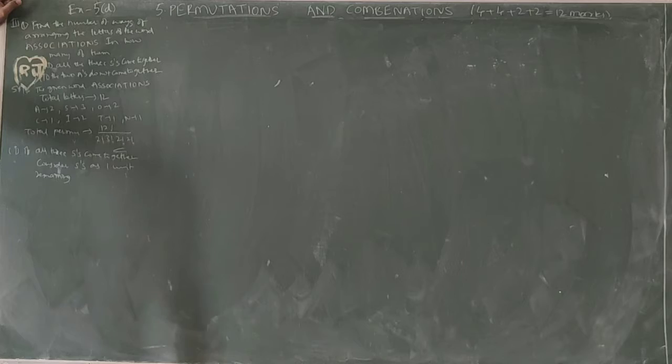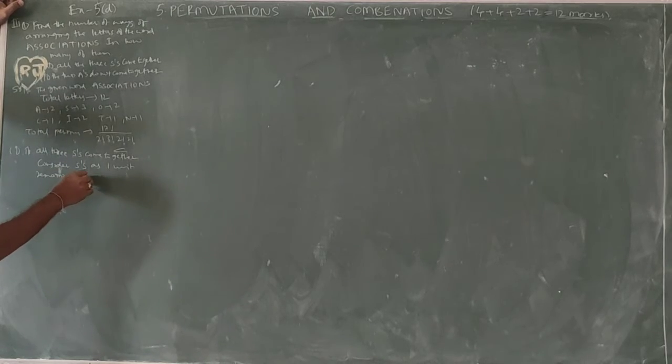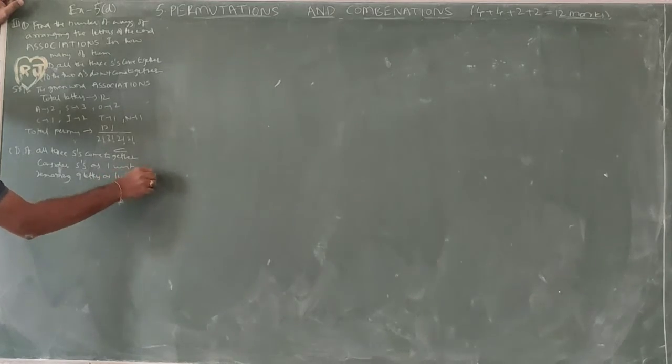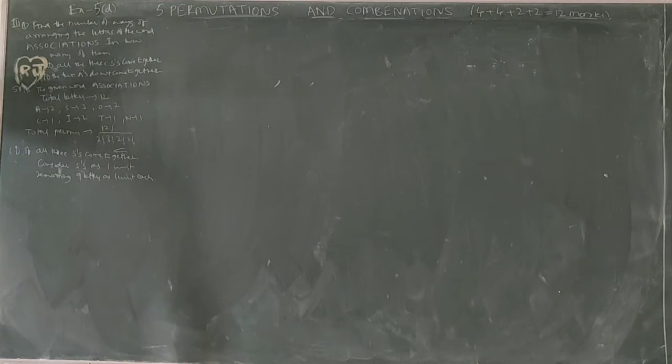Remaining, how many letters remaining? 9 letters. Remaining 9 letters as 1 unit each.